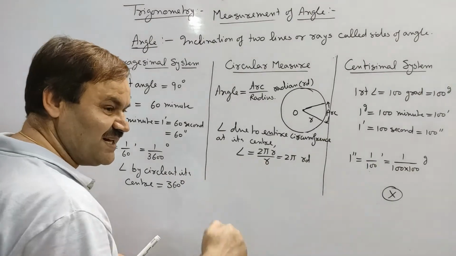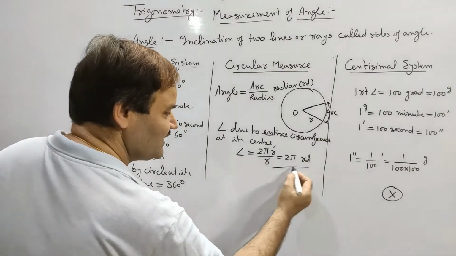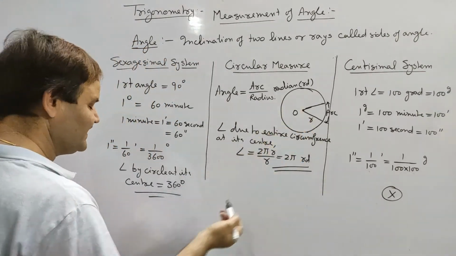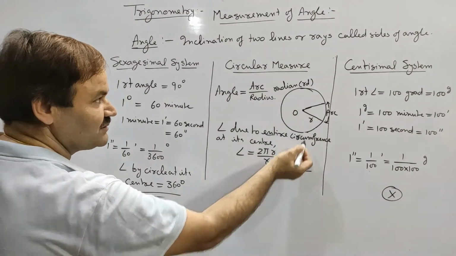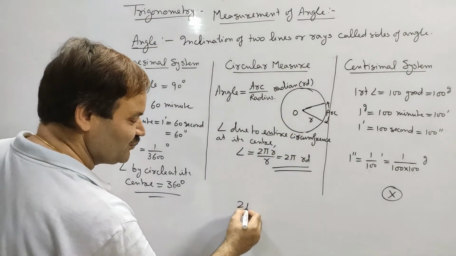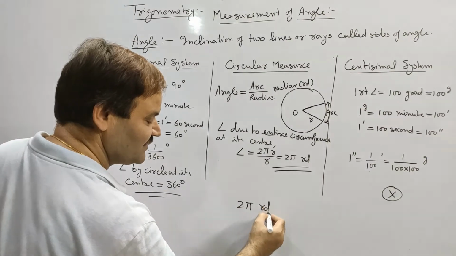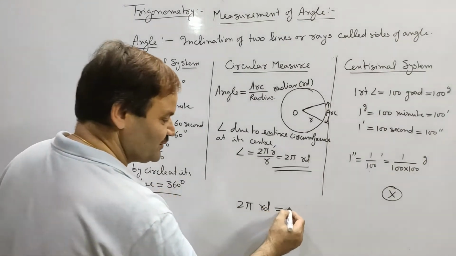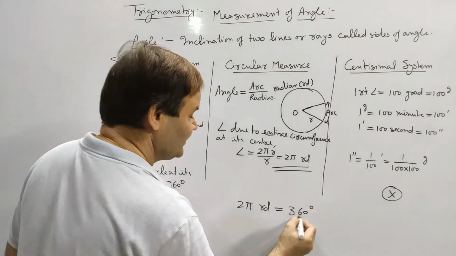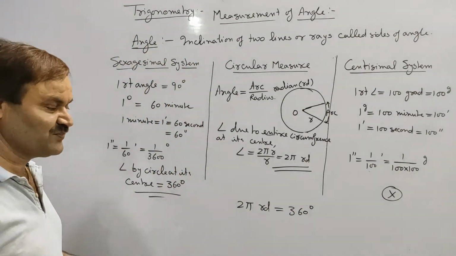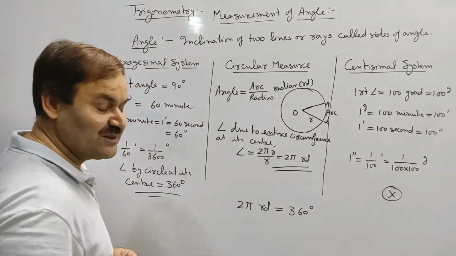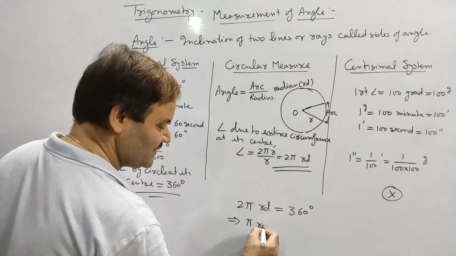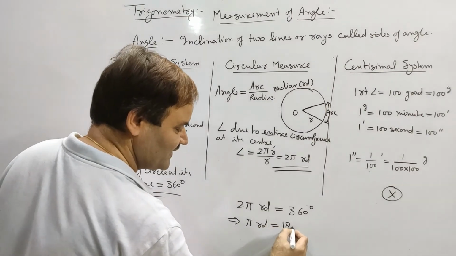For that conversion, you will use this relation: the angle subtended by a circle at its center in circular measure is 2 pi radian, and this 2 pi radian is equal to 360 degree in the sexagesimal system. So 2 pi radian is equal to 360 degree, which means pi radian is equal to 180 degree.